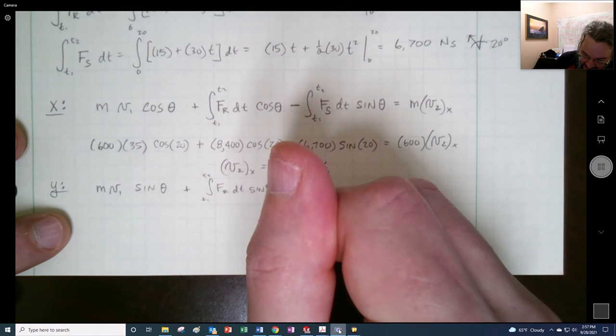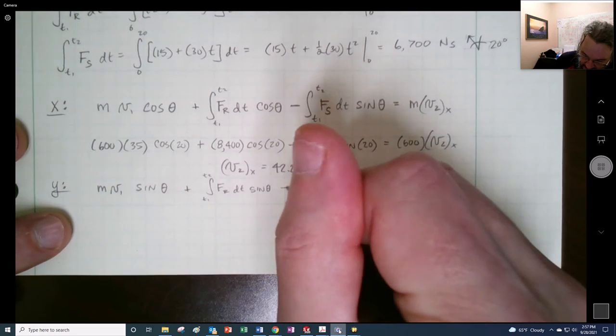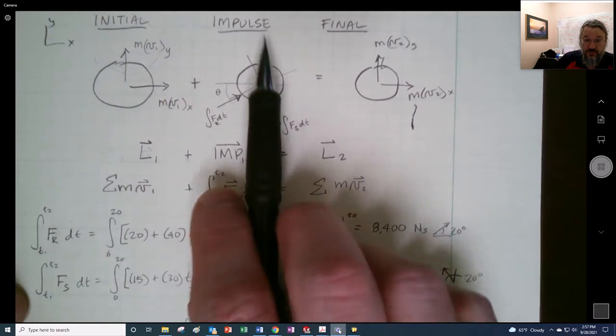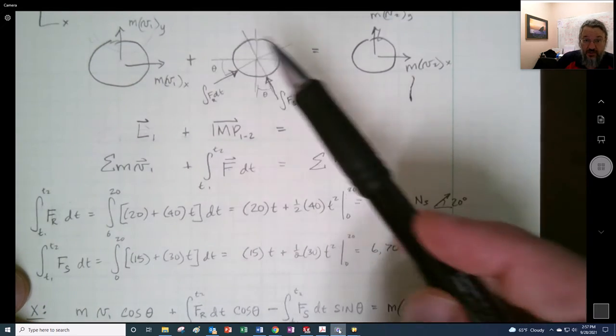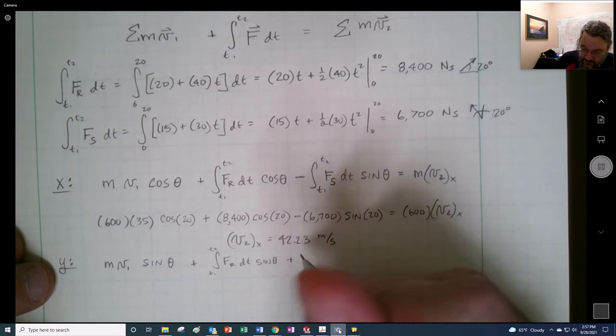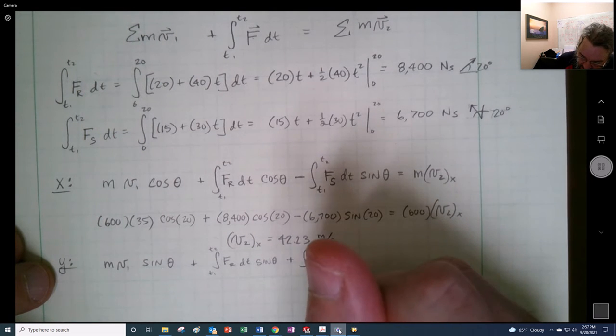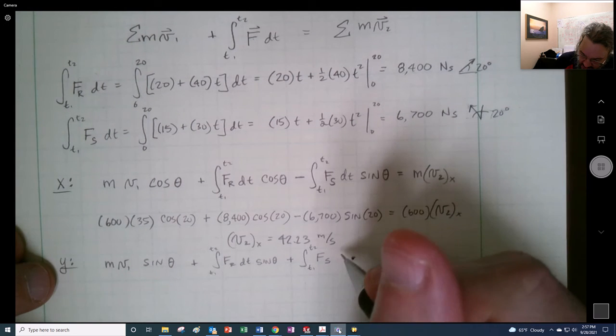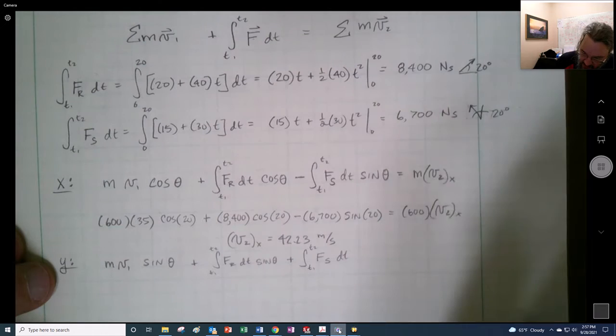Now it's going to be the sine of theta. Now this is plus, right? Because this one is going in the positive direction. This one's going in the positive direction. This one's going in the positive direction. It was only negative for this one because it was going in the negative x direction right there. But once again, one of the reasons why I set up this problem that way was trying to make that vector emphasis part of the problem here.